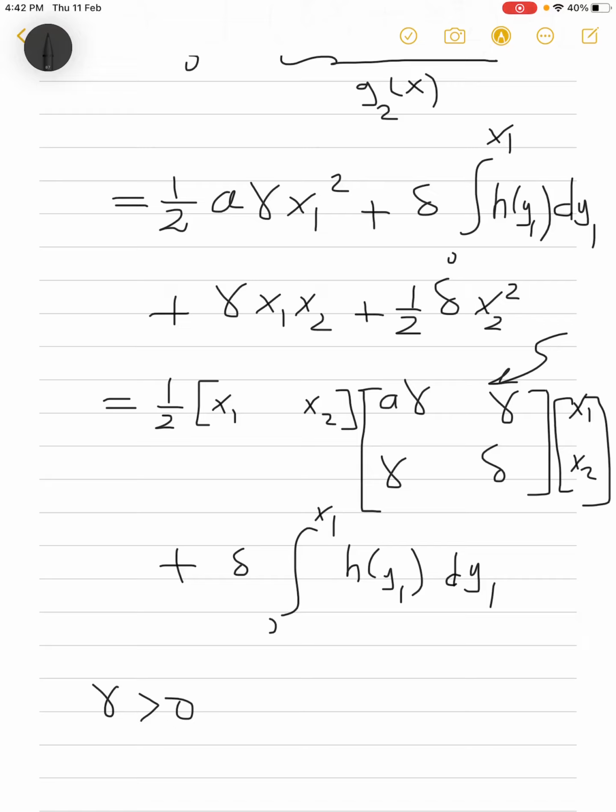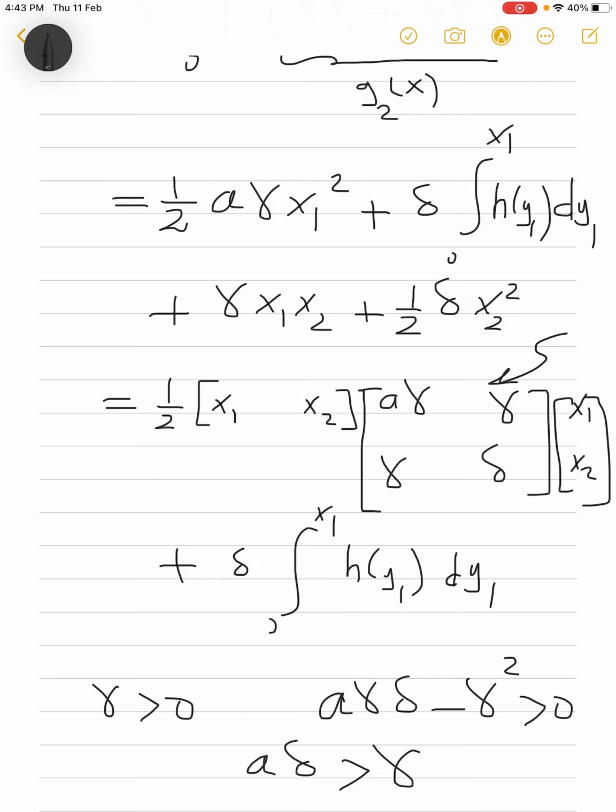And then we require A times gamma delta minus gamma squared to be positive, and that will require A times delta to be greater than gamma.